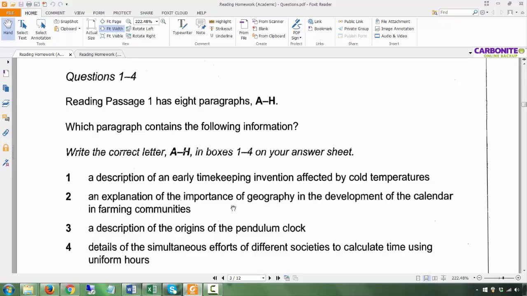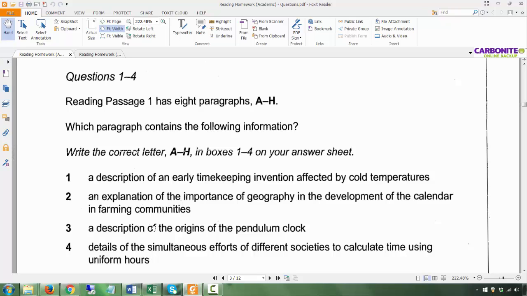4. Details of the simultaneous efforts of different societies to calculate time using uniform hours. Simultaneous means at the same time. So different societies at the same time, not different time periods, they tried to calculate time using uniform. What is uniform? Equal. That means hours are equal, right?